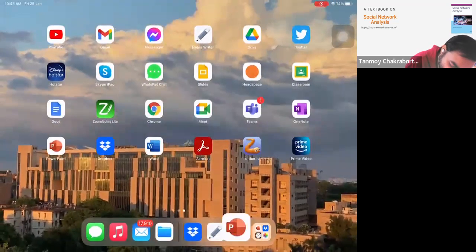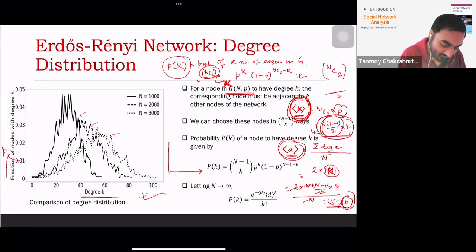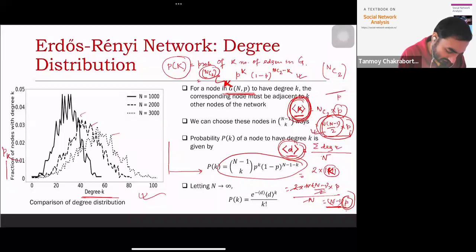Now go back to the slide. It looks like this. This is degree, and this is pk. In these three different curves, you basically vary n, because the formula has n minus 1. In the solid line here, n is 1000.